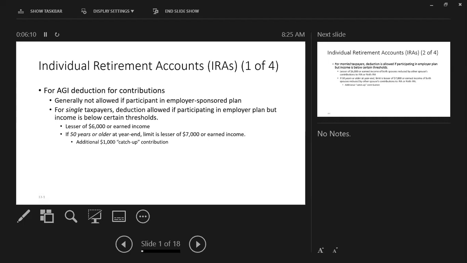Because Tina is a participant in a retirement plan, the $6,000 limit is subject to phase out if her MAGI is above $65,000. In this case, it isn't. Her MAGI is $57,600. So she can contribute $6,000 and deduct the full $6,000.